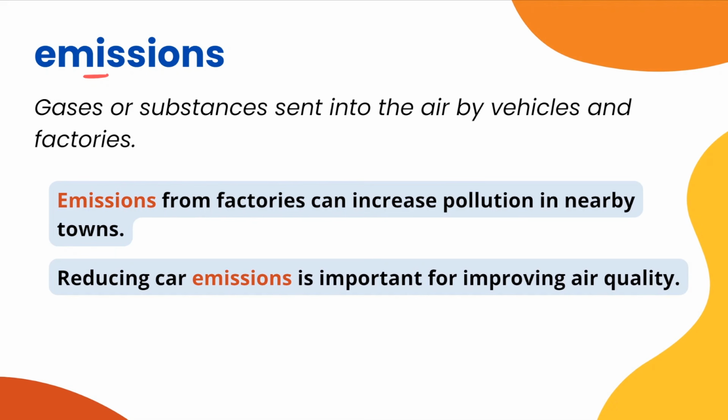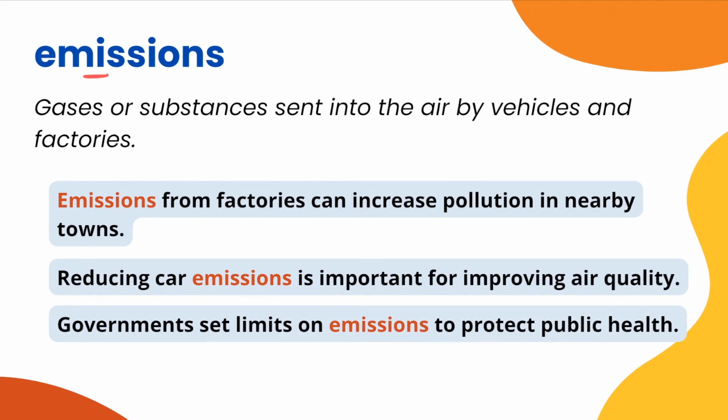Reducing car emissions is important for improving air quality. Government set limits on emissions to protect public health. So we have set limits on emissions. Governments are increasingly doing this. Car emissions, or emissions from cars, emissions from factories.